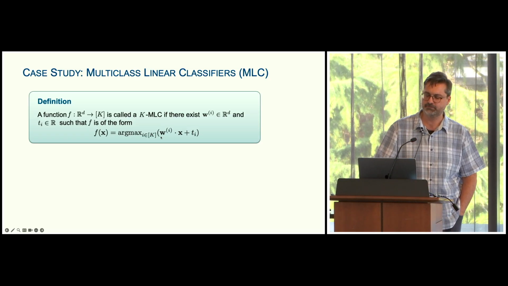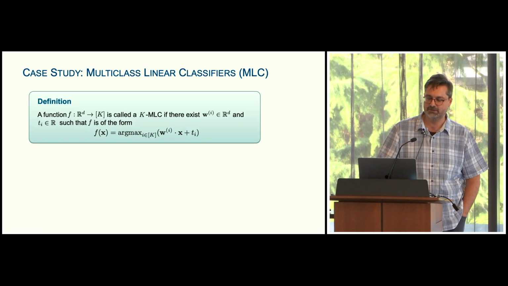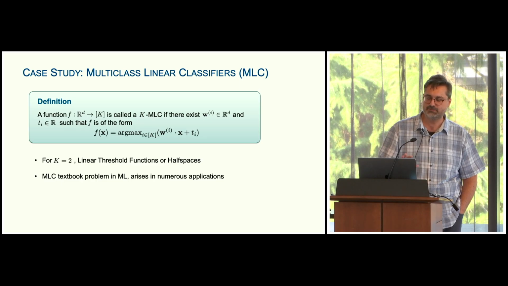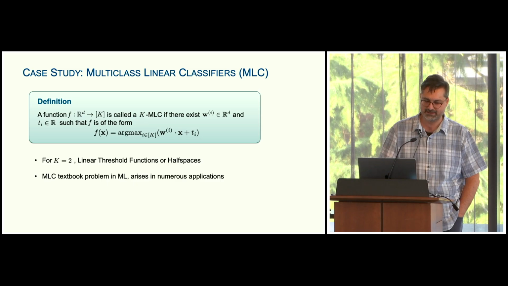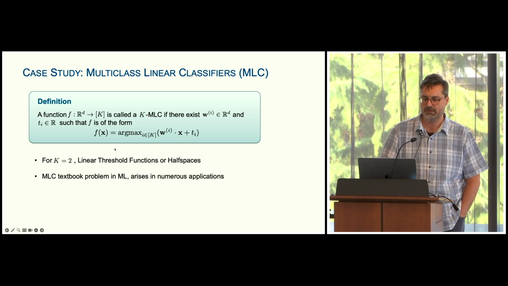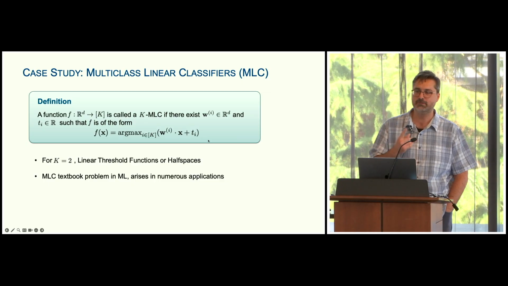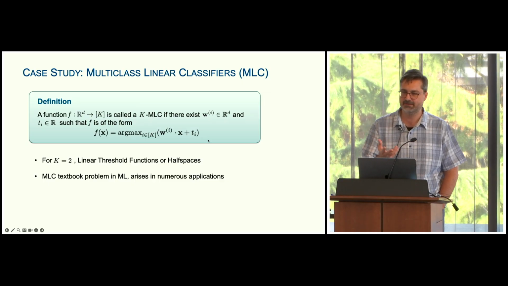It doesn't really matter. That is the definition of the model, and it's kind of a textbook problem in machine learning, learning multi-class linear classifiers. If you have only 2 linear forms, then it's basically like having only 1 linear form, and it's a half space.